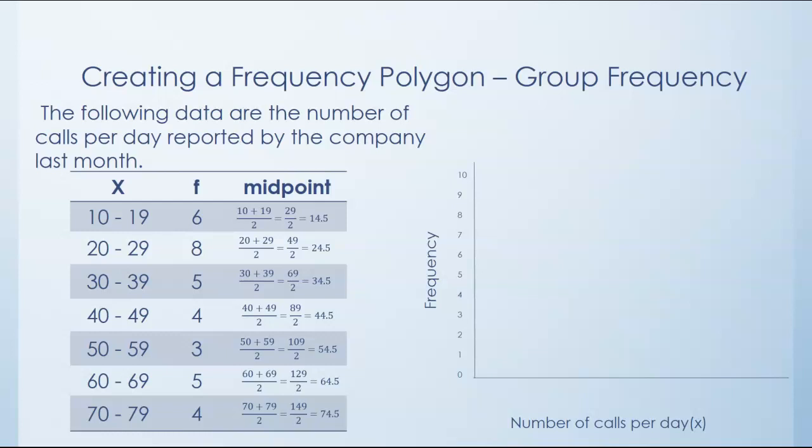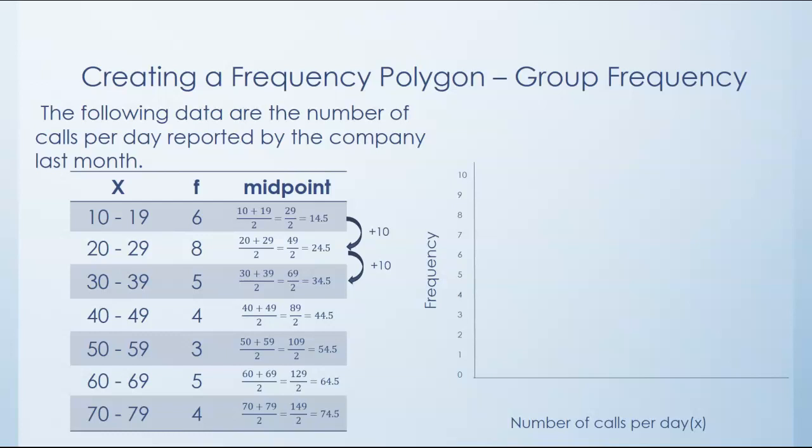Now, one thing I hope you notice is that the difference between 24.5 and 14.5 is 10, and the difference between 24.5 and 34.5 is 10. If you'll remember from our previous video, the class width for this particular grouped frequency was 10. And you'll notice that the distance between my midpoints is the same as my class width.